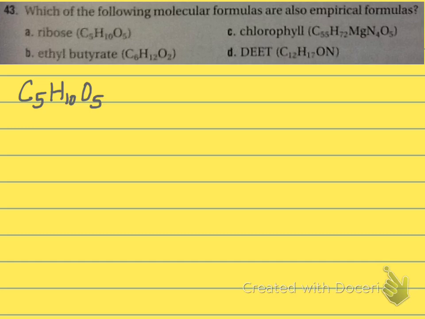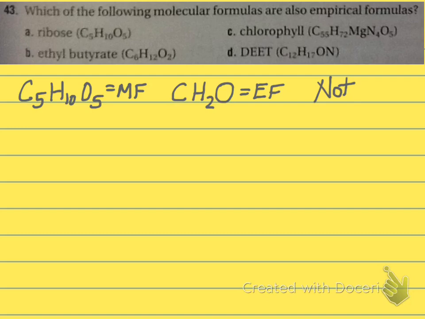Question is, can I make this a lower whole number ratio? And I can, because this would be CH2O. So this would be the empirical formula for ribose, and this is the molecular formula. So this one is not also an empirical formula.